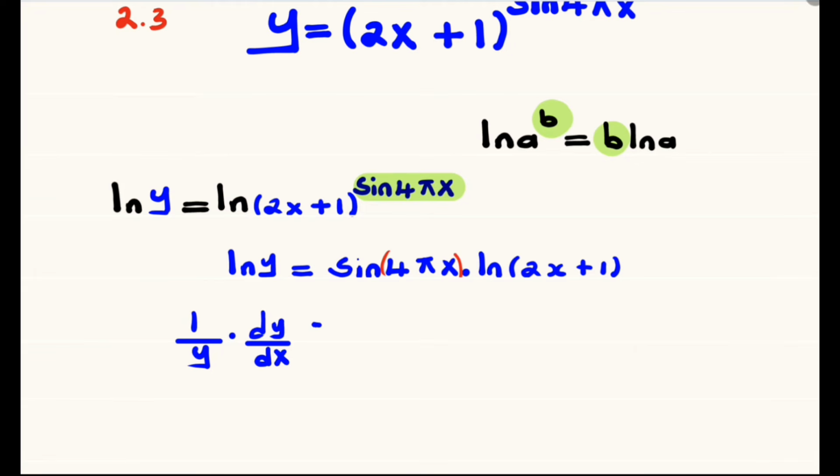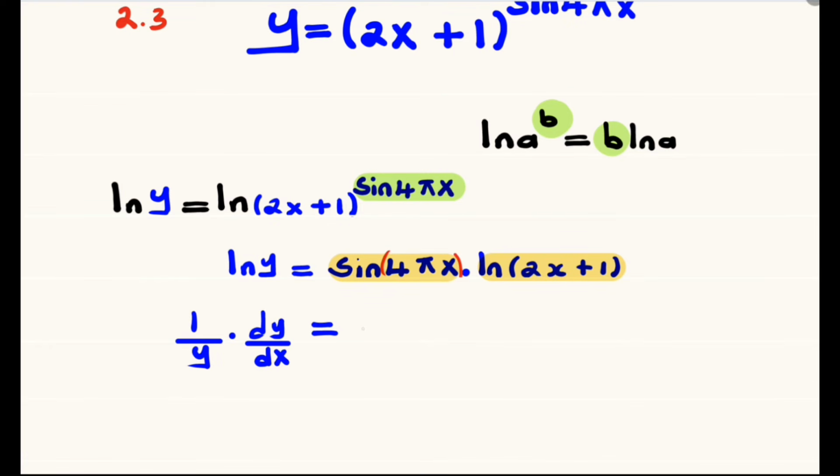On the right hand side, we have a product of two functions, the sine of 4 pi x and the ln of 2x plus 1. So we use the product rule to differentiate. To use the product rule, we are going to write the first function and we differentiate the other.